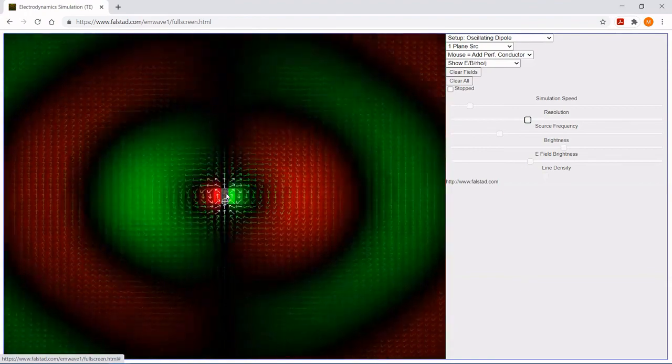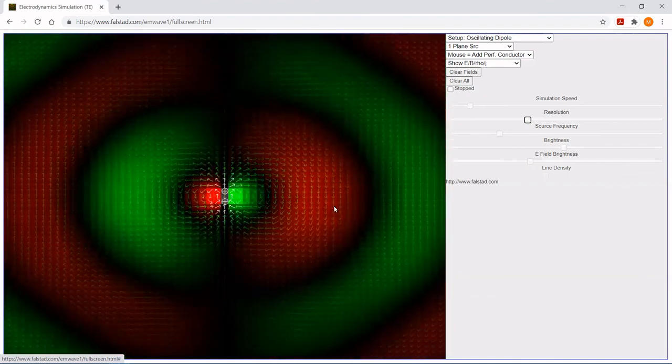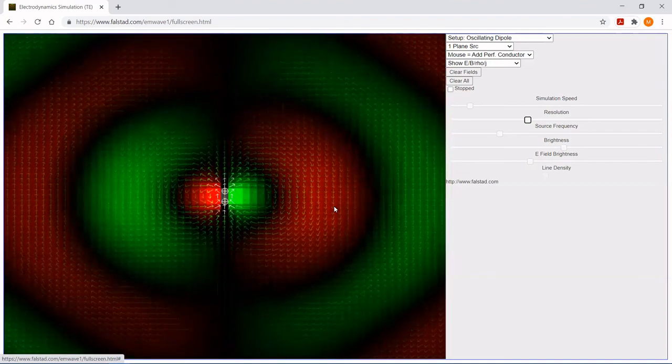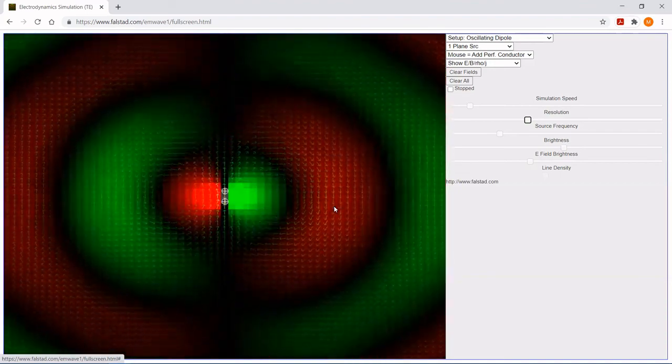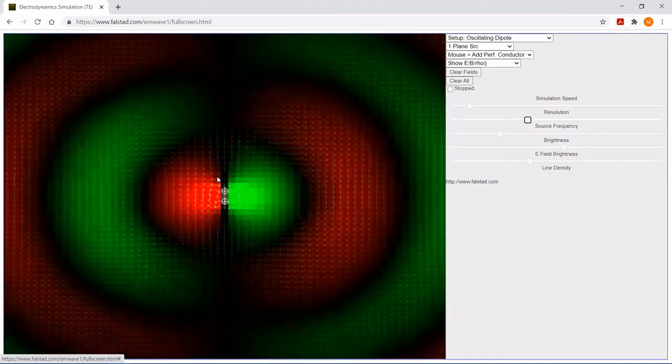That's a dipole radiator. And we're being shown the magnetic and electric fields. I forget which is which, but one of them is the green and red colors. Green is like a valley, and red would be like the peaks. And then the arrows show you the direction of the other field. I believe the electric field here is the arrows, and the magnetic field would be coming out of the screen or going into the screen.